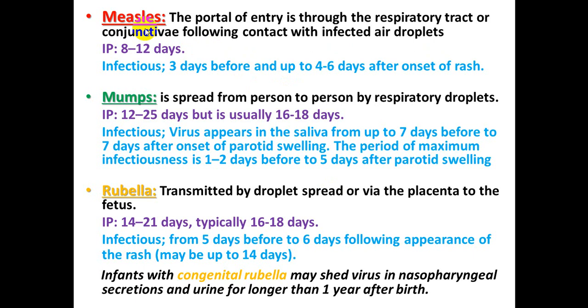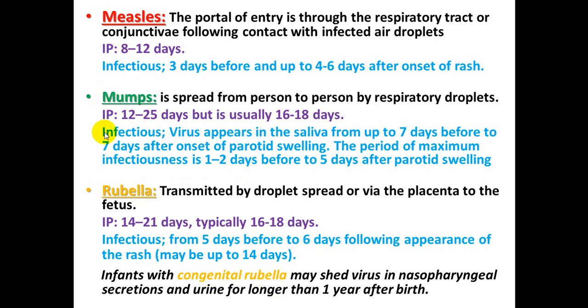In addition, measles can be acquired through the conjunctiva by contact with infected air droplets, and rubella can be transmitted from the infected mother to her fetus through the placenta, i.e. there is vertical transmission in rubella, causing what is called congenital rubella.